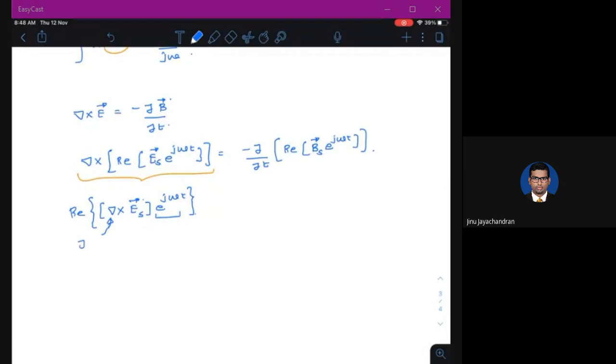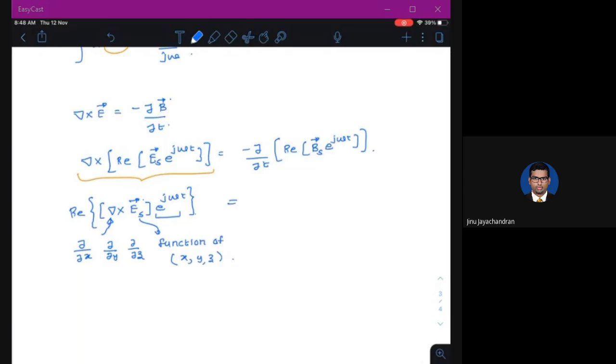So del is basically dou by dou x, dou by dou y, and dou by dou z. And Es is a function of x, y, and z, because of which you can do this.